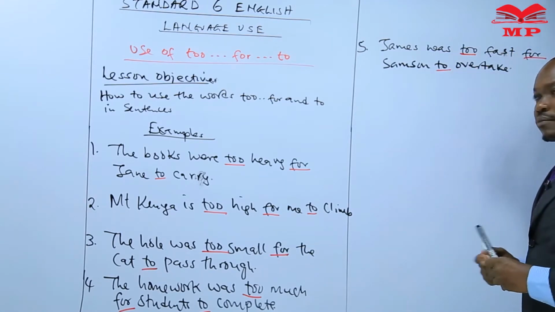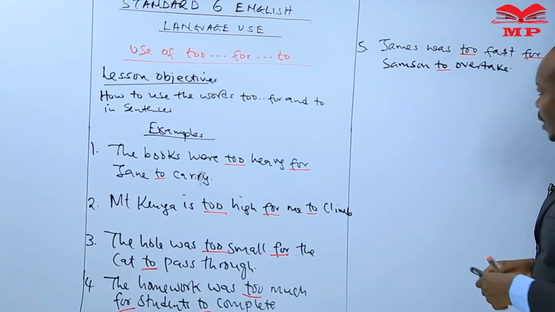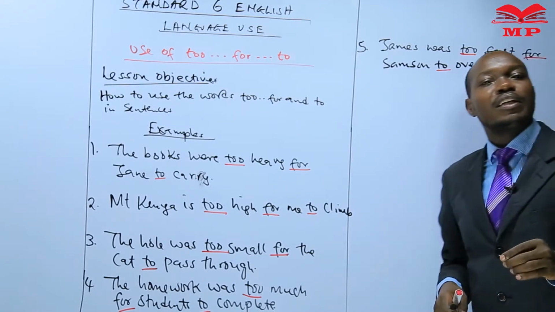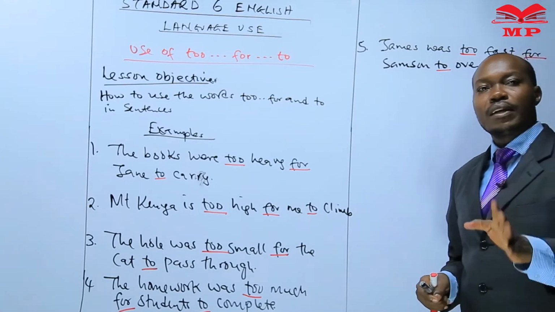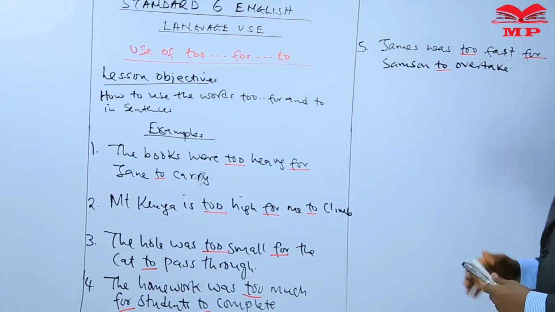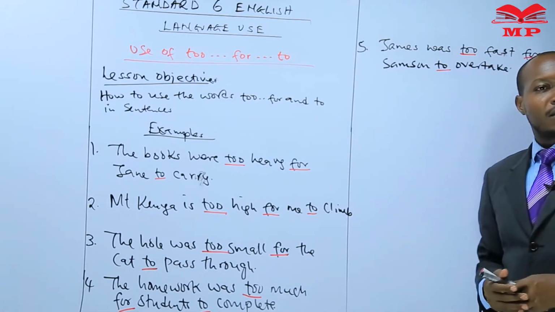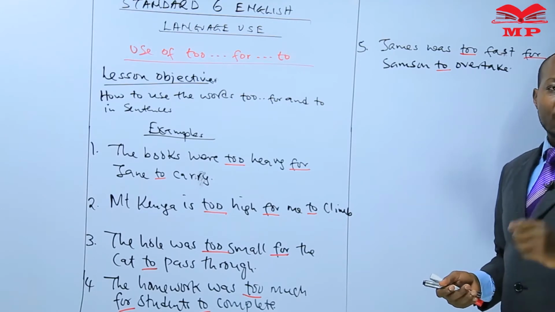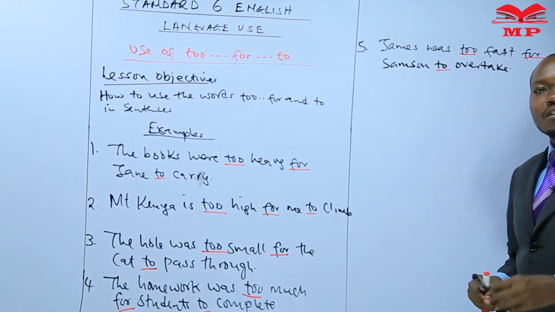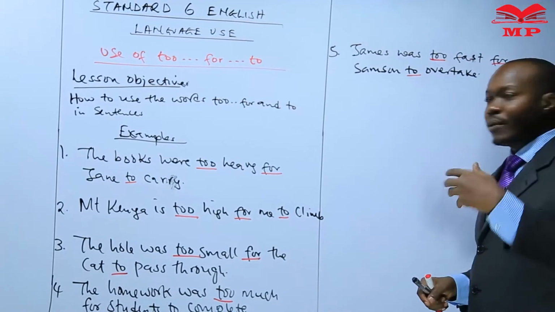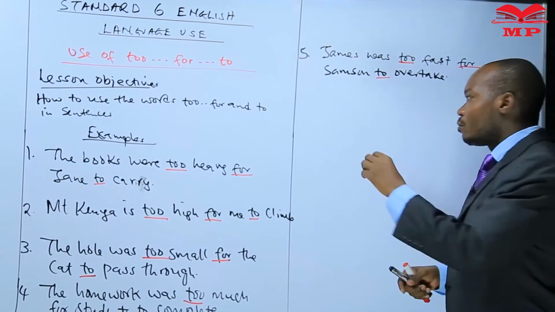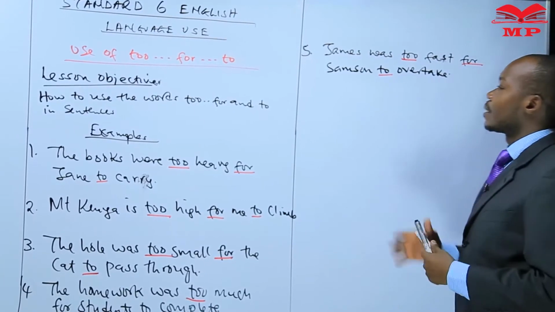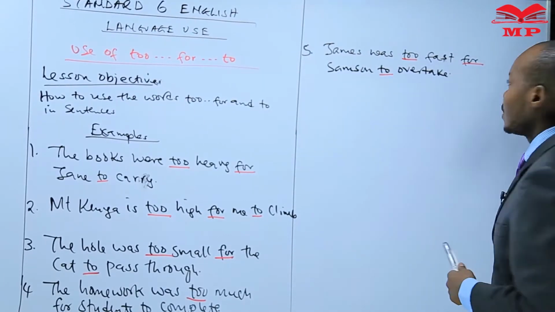It means James and Samson were competing in a race. All right? You get me? They were competing in a race. But who was faster? It was James. James was very fast to a point that Samson could not catch up with him, could not overtake him.